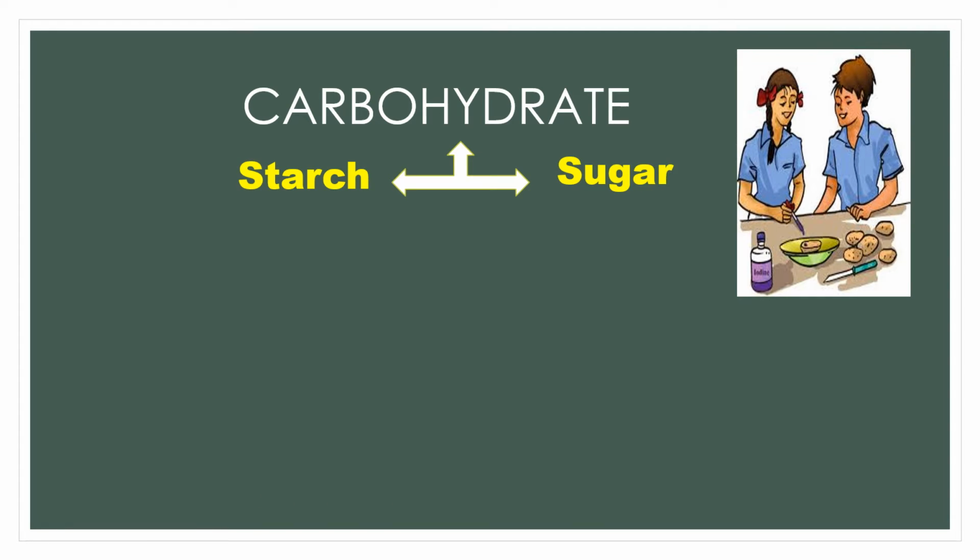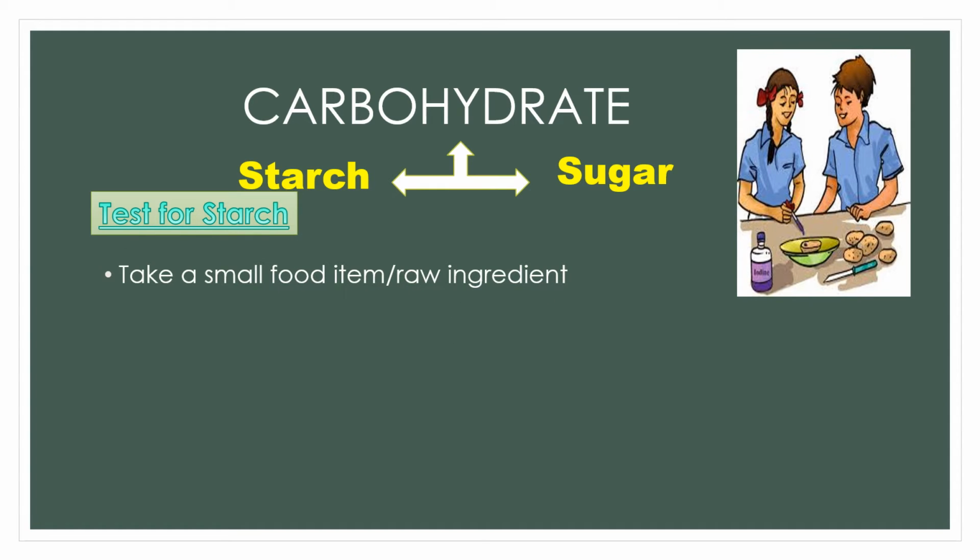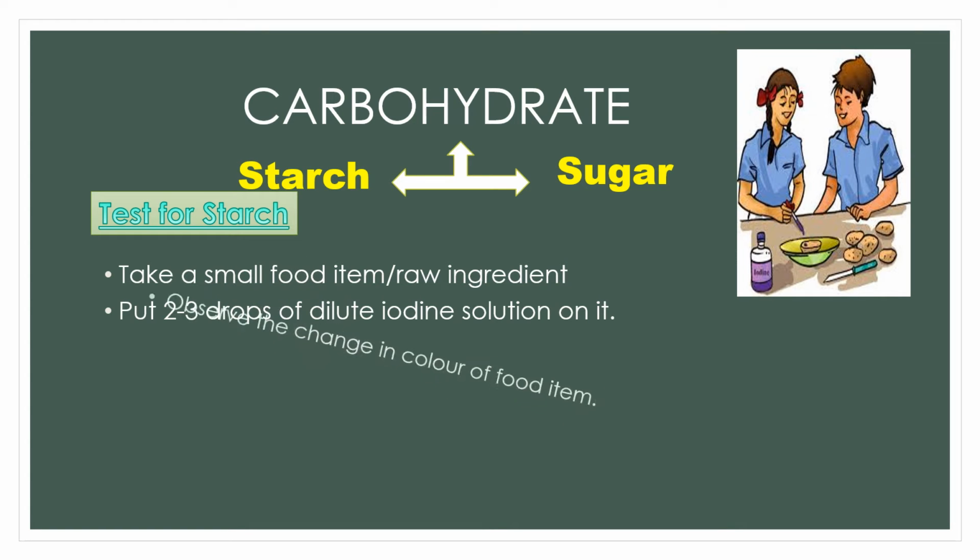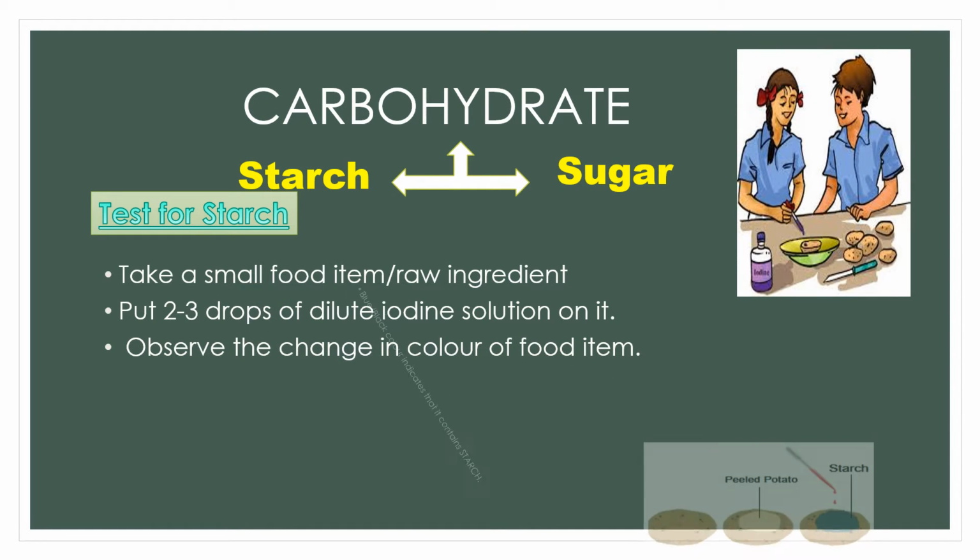Now, our first nutrient was carbohydrate. The main carbohydrates found in our food are in the form of starch and sugar. So we will do the first test, the test for starch. Take a small food item or raw ingredient. Put 2 to 3 drops of dilute iodine solution on it and observe the change in color of the food item.